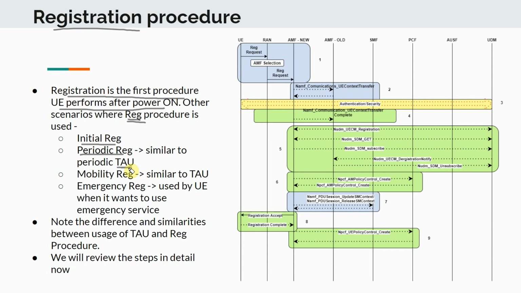Rather than calling it a tracking area update, 5G refers to it as the periodic registration procedure. And then we have the mobility registration, which is also similar to the tracking area update procedure, but this would happen, say, when you move from one tracking area to the other tracking area.